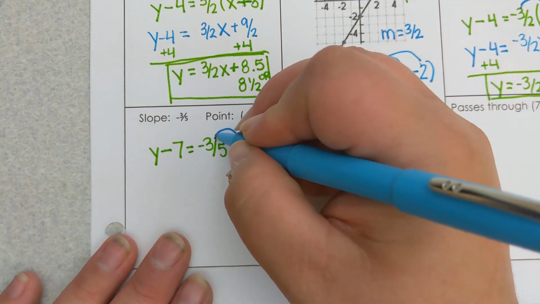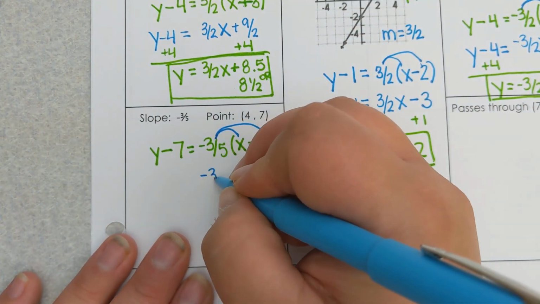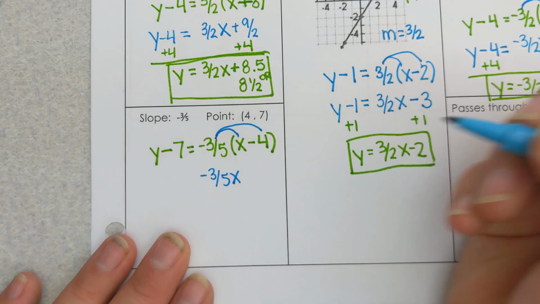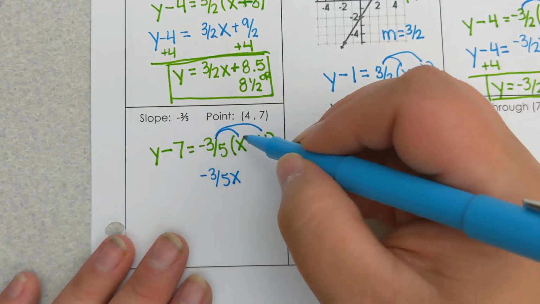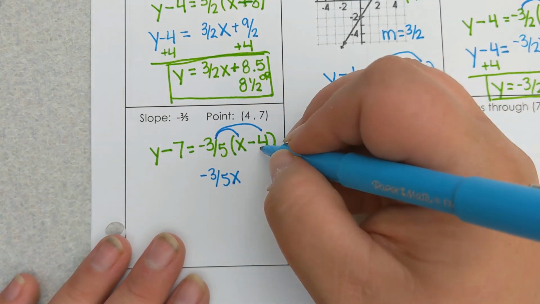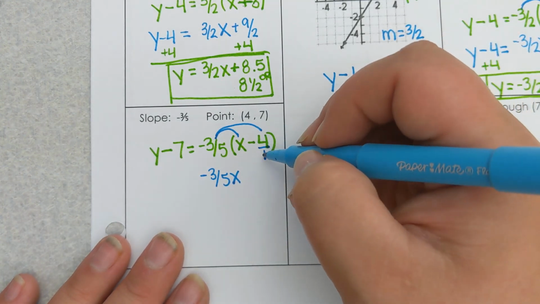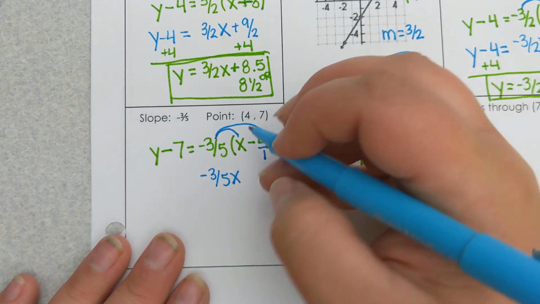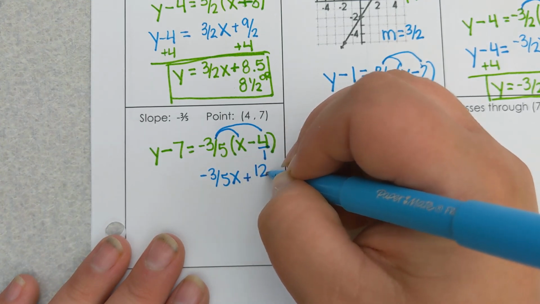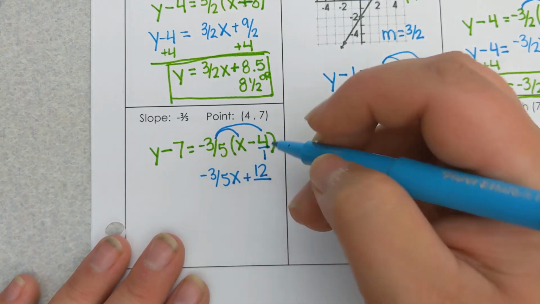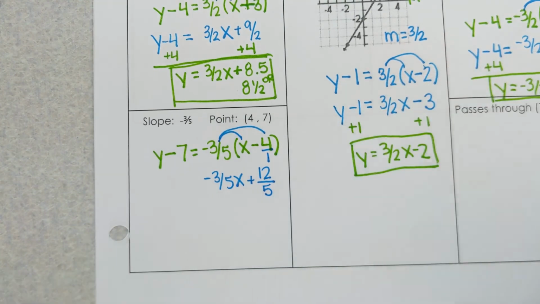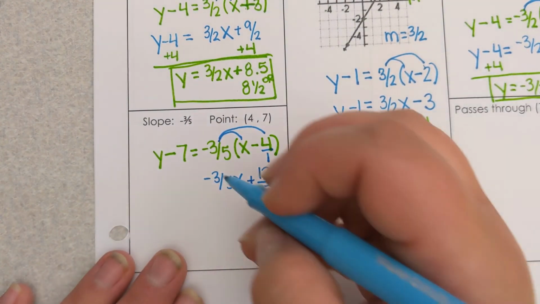Multiply that number in front, negative 3/5 x, and then negative 3/5 times negative 4. A lot of people ask me this, you can make that 4 over 1. So then really you're doing negative 3 times negative 4, which is positive 12, over 5 times 1 is 5. So that's an easy way of doing that in your head.